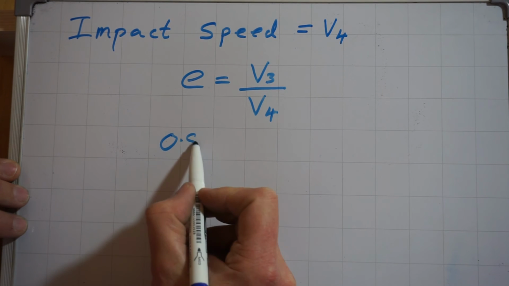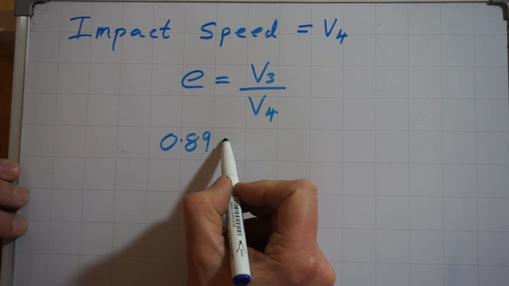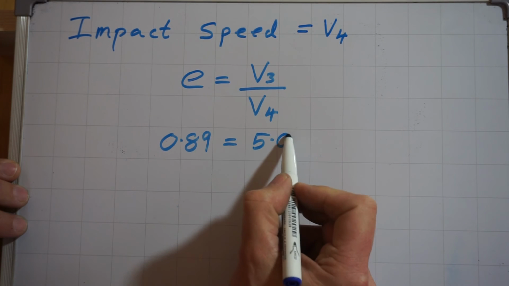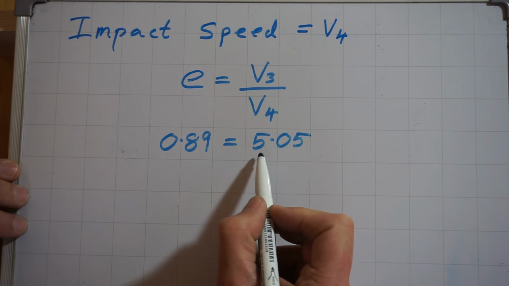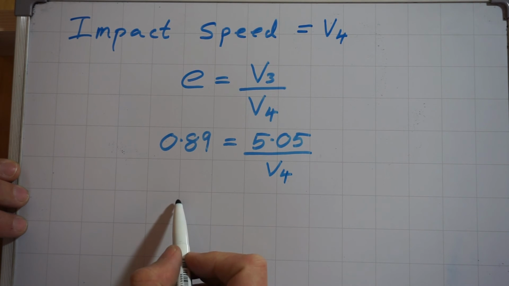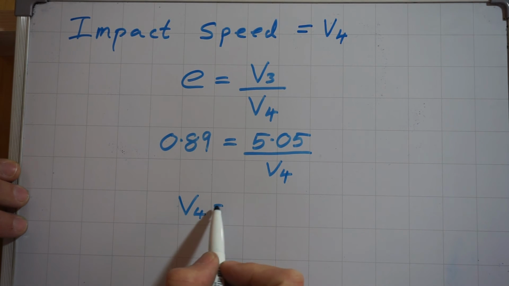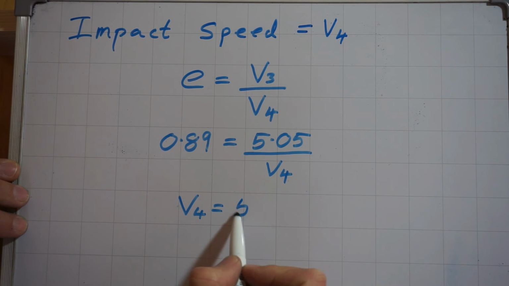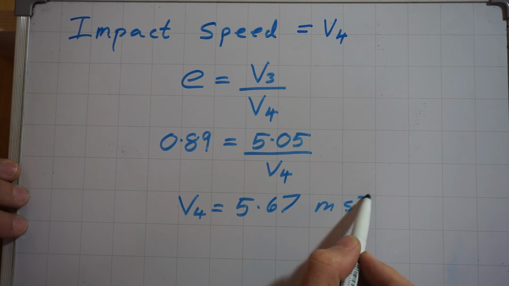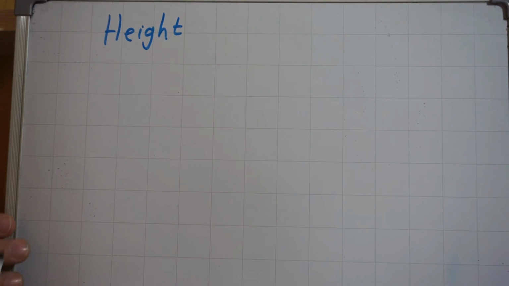E we know is 0.89. V3 we know is 5.05. That's the rebound speed, and V4 is what we are trying to find. So V4 from this will be equal to 5.67 meters per second.